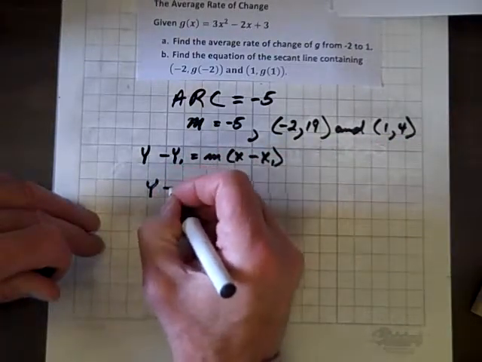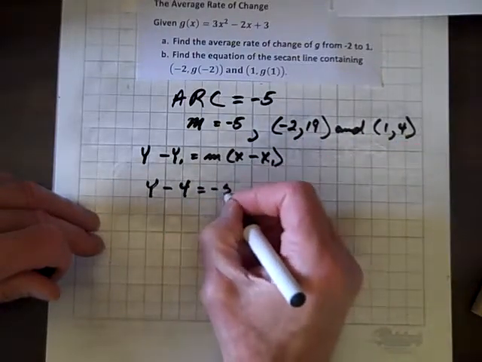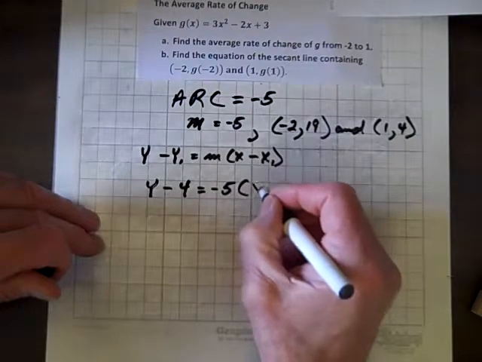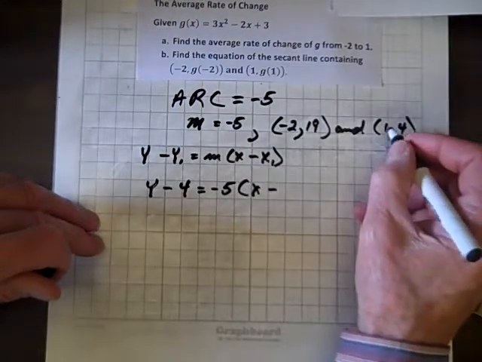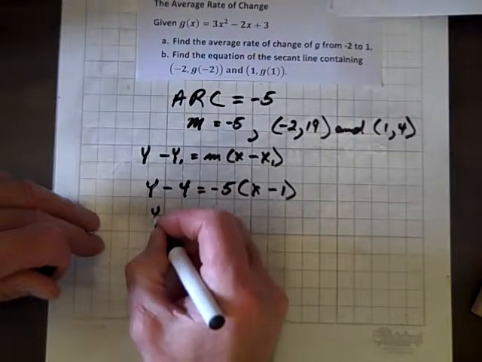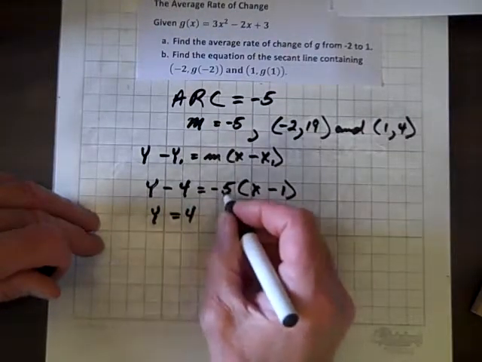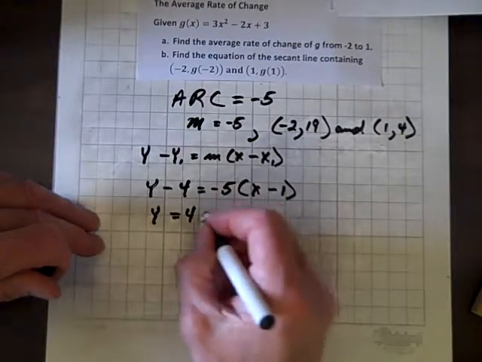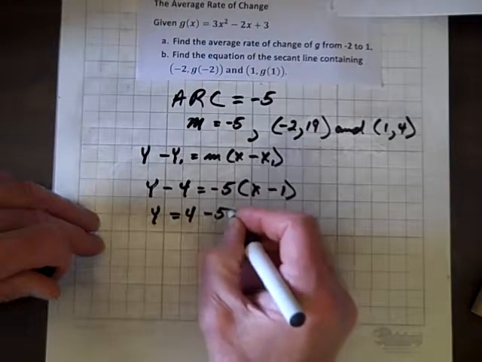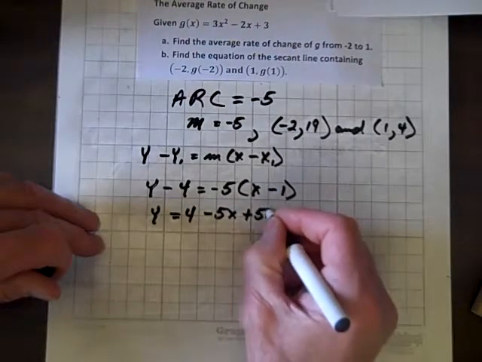So y minus 4 equals -5 times x minus, and the x coordinate is 1. So y equals, adding 4 to both sides, and distributing this, -5x, and a -5 times a -1 is +5.